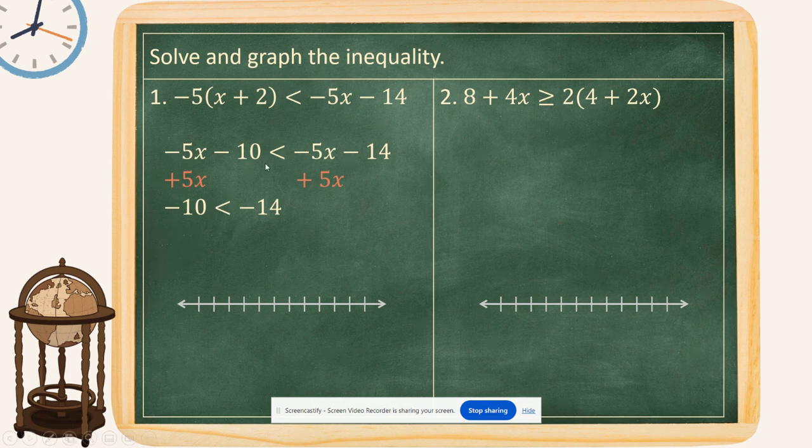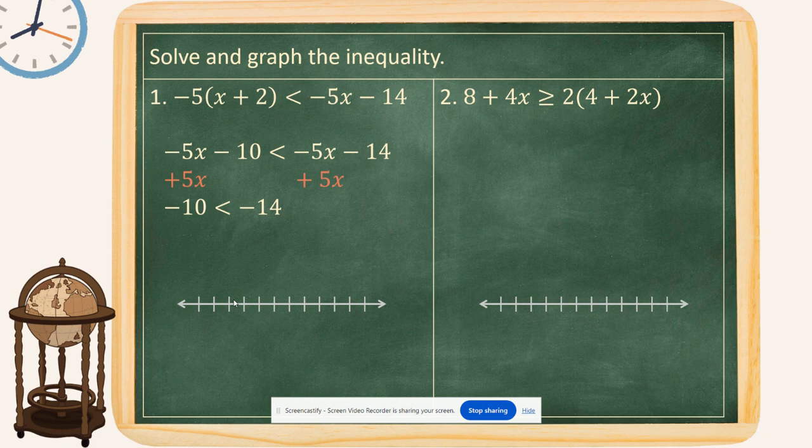When I get this unusual solution, what's remaining is what I need to look at. I have negative 10 is less than negative 14. Well, is negative 10 less than negative 14? Sometimes these negative numbers can be tricky, so I want us to always be thinking about a number line. Is negative 10 more left on a number line than negative 14, or more right?